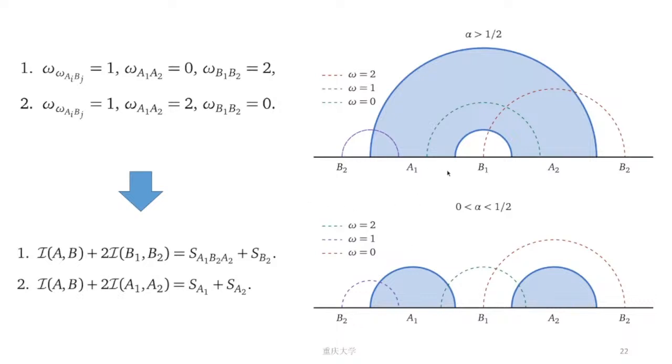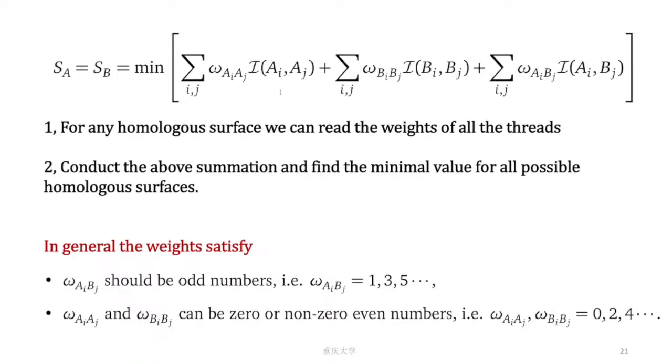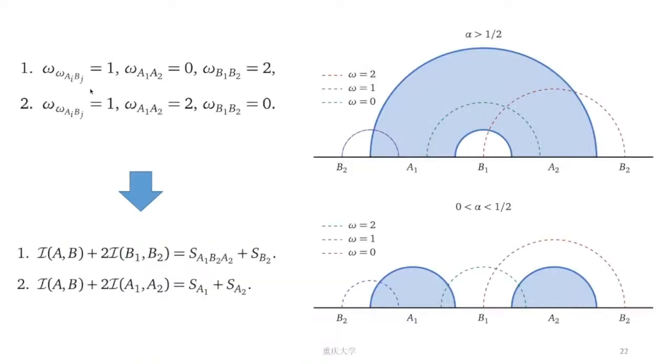Let's go back to the two interval case. For the two interval case, you have two possibilities. To minimize this summation, you should choose the homologous surface that gives you weight numbers as small as possible. Now consider the weights for AI and BJ, which should always be odd numbers, and the minimum value is 1.